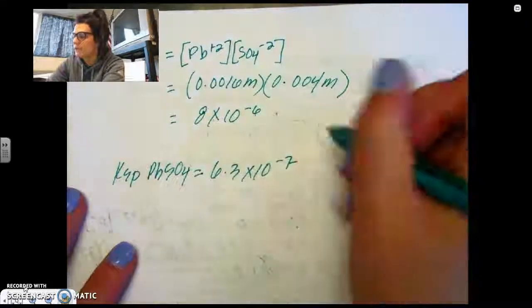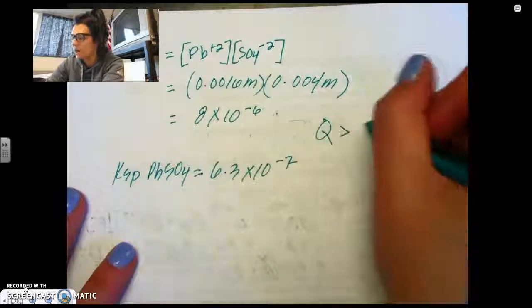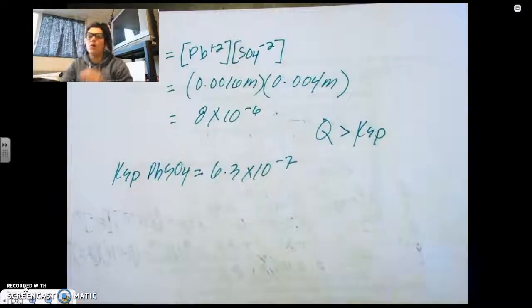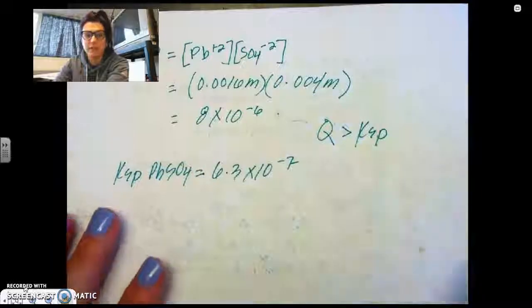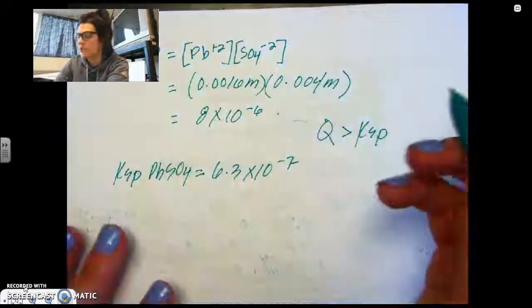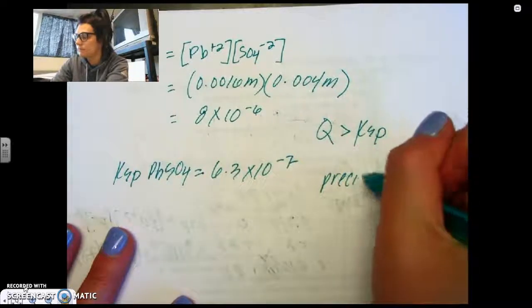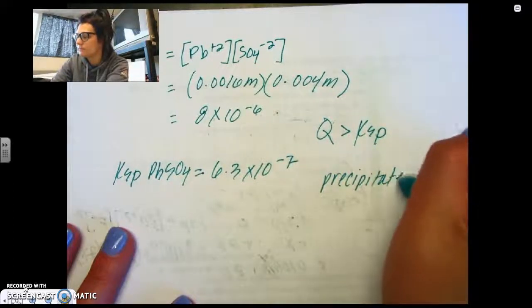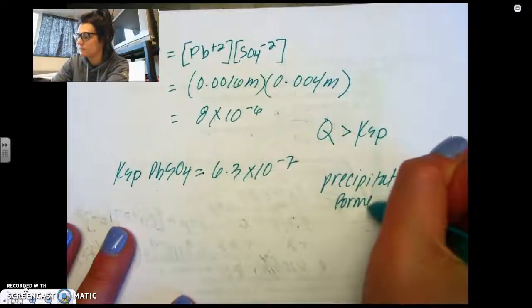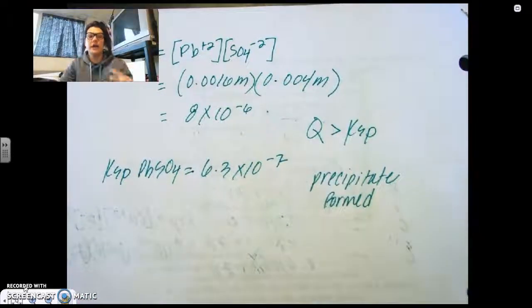So Q is bigger than KSP, which means I have more salt than the water can hold. With the concentrations from mixing these two together, a precipitate will form, which means this reaction does move forward and I will have a solid formation.